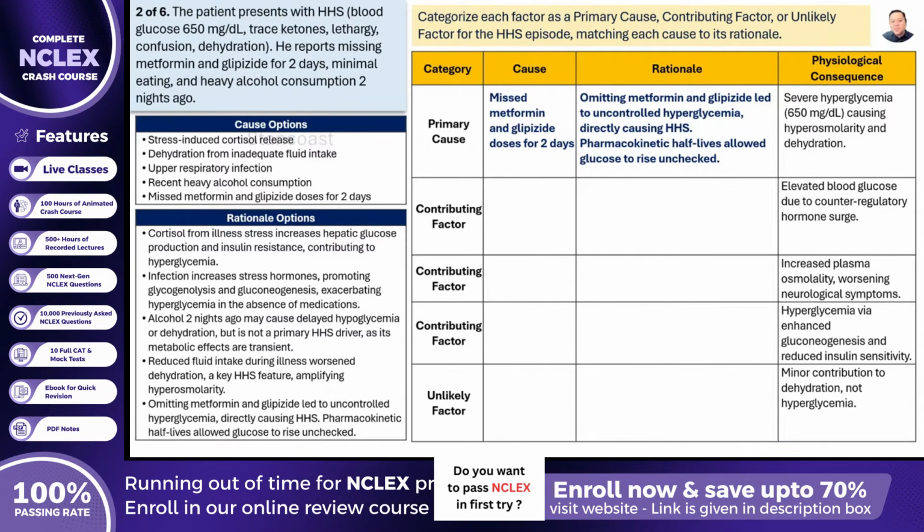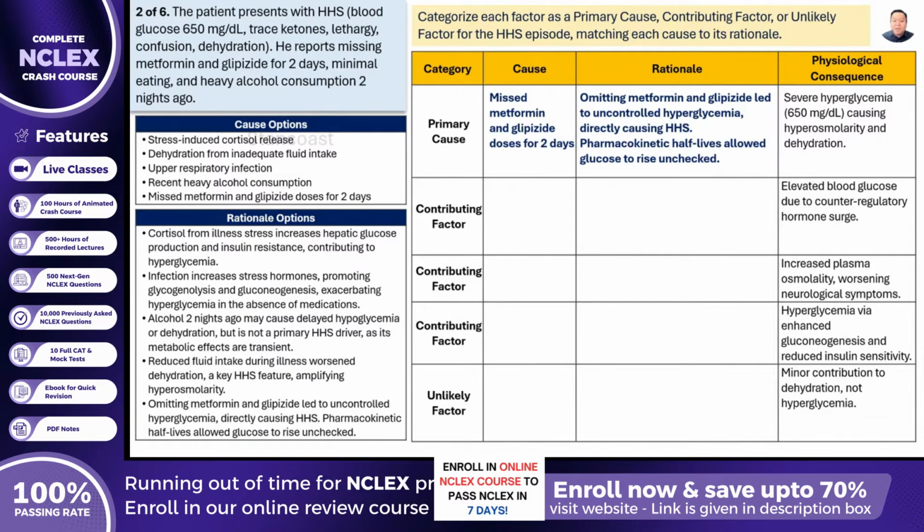Now, since the patient reported that he missed taking the medications, we're talking about the oral hypoglycemic drugs. This is a huge deal for someone with type 2 diabetes, because we know that these two drugs are key to keeping their blood sugar in check. And I want you to recall the drug action for each of these.